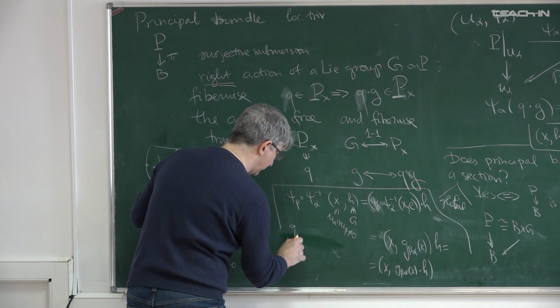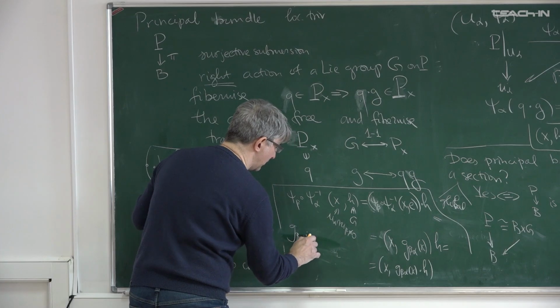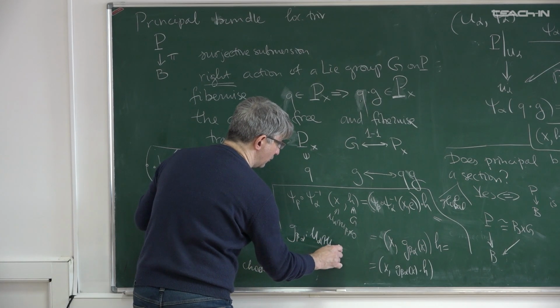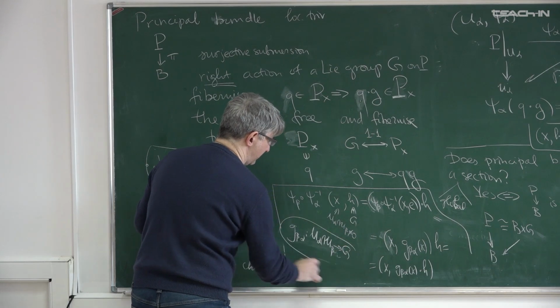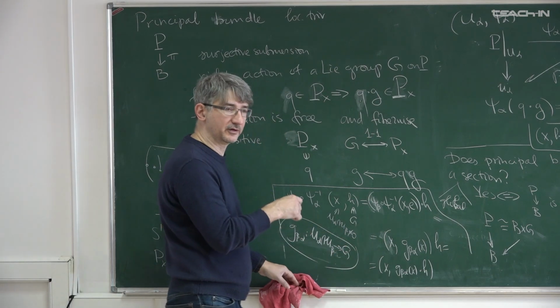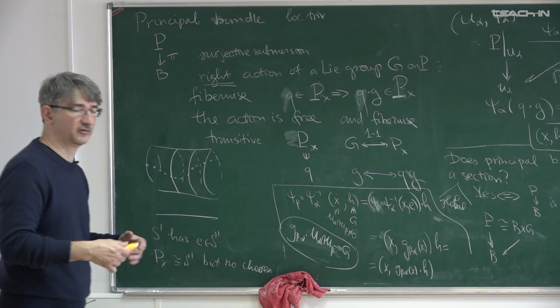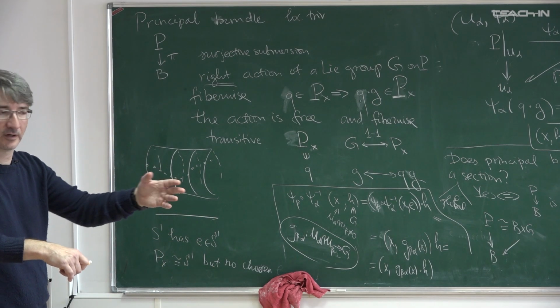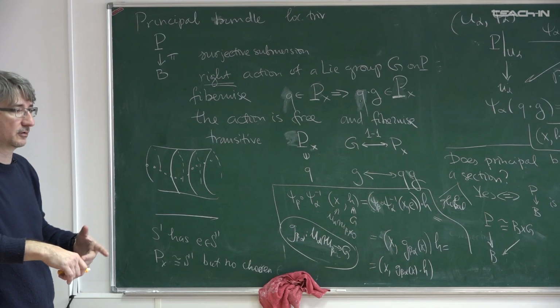g beta alpha is a function from the intersection to the group G itself. We already saw this stuff when we spoke about vector bundles, but the values of the gluing cocycle were in the general linear group.